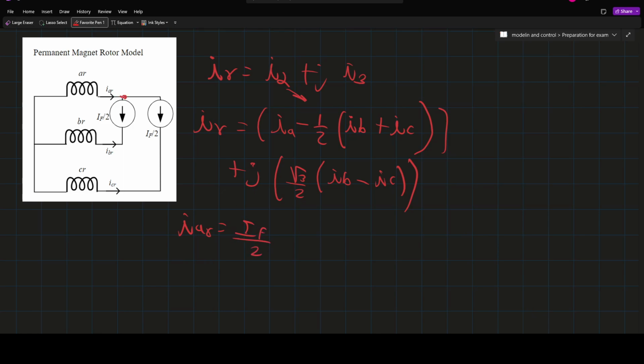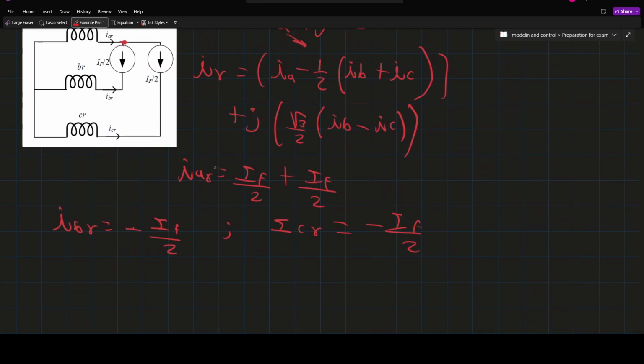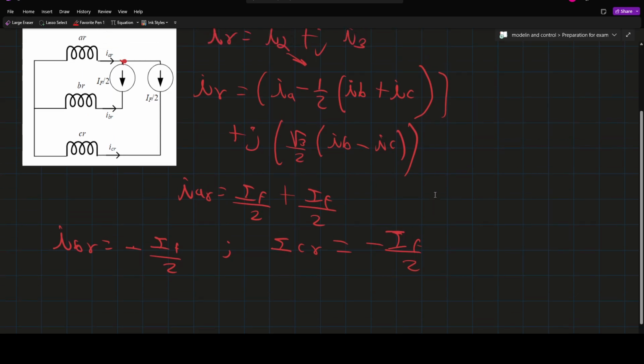Half of it goes this way, and IBR is gonna be minus IF halves, because the other half goes the other way. And similarly, we're gonna have ICR that is gonna be minus IF halves. So now we have our analogies for our three-phase currents into our constant current into our coils.